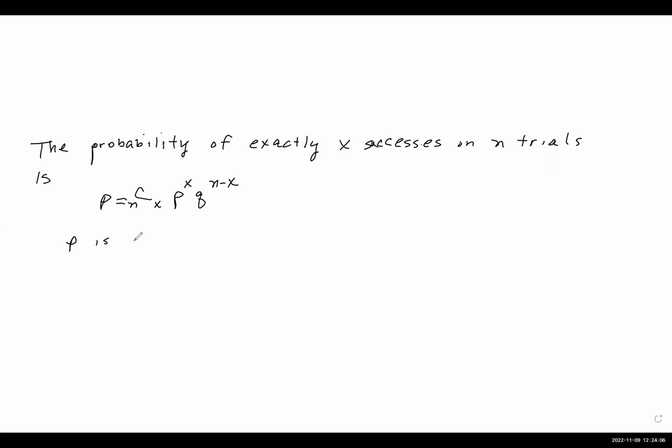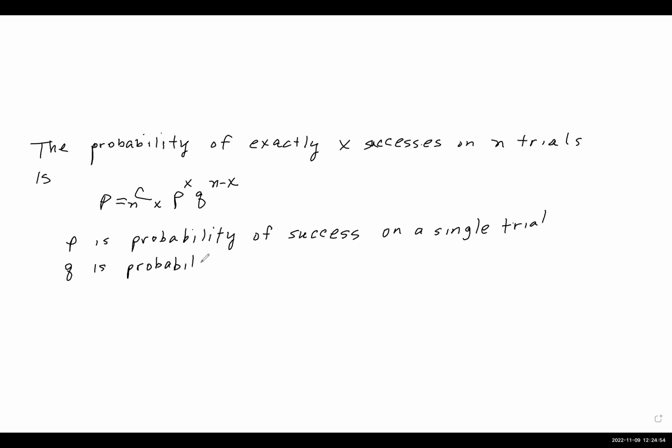P is the probability of success on a single trial, and Q is the probability of failure.